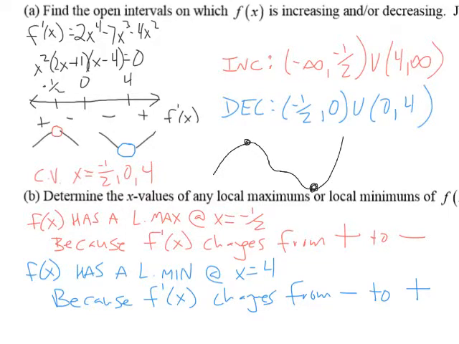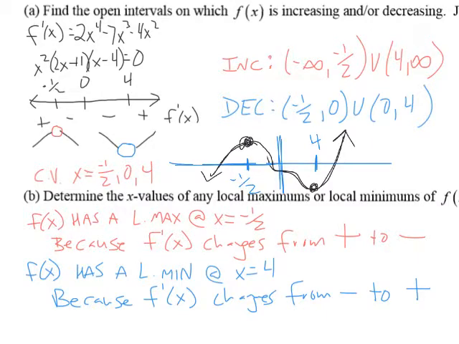We don't know exactly how high up on the y-axis it is for now, but at negative 1/2 we have our maximum, at 0 we hit that flat spot, and at 4 we hit our minimum. So our graph is starting to look like this black curve, and that kind of looks like a fifth degree polynomial.